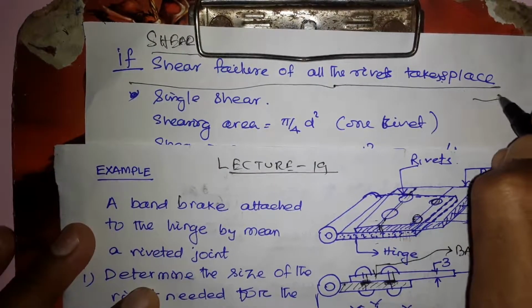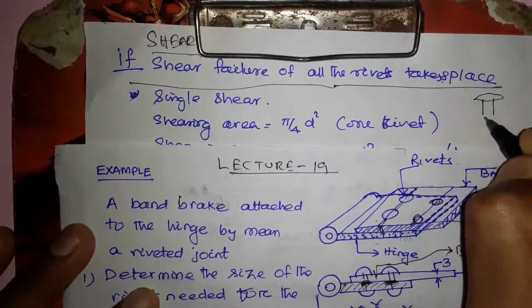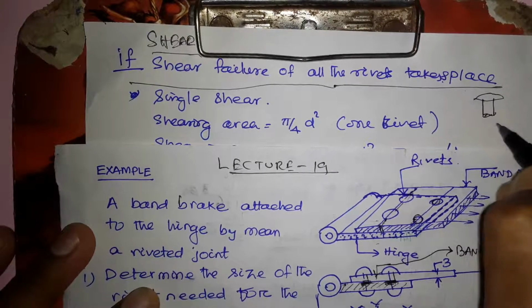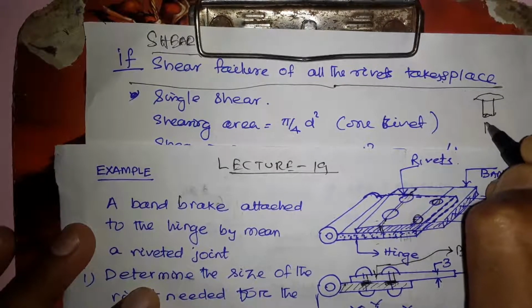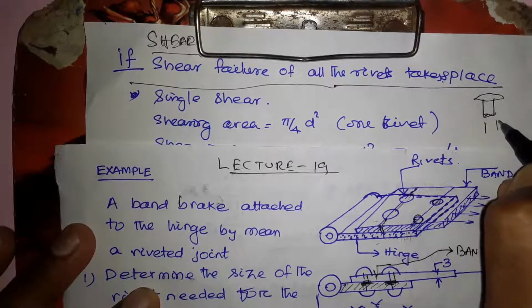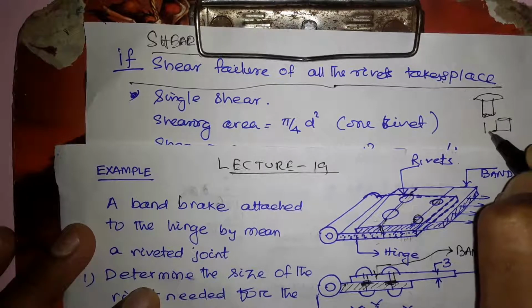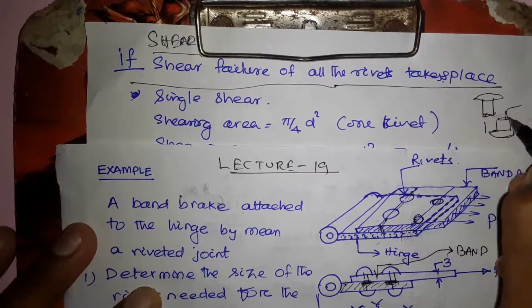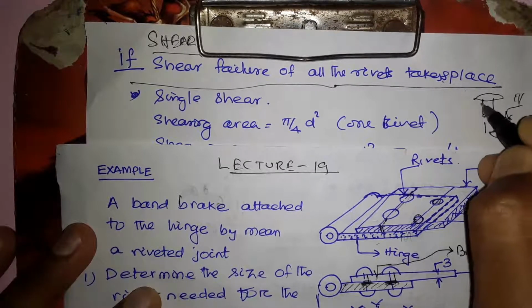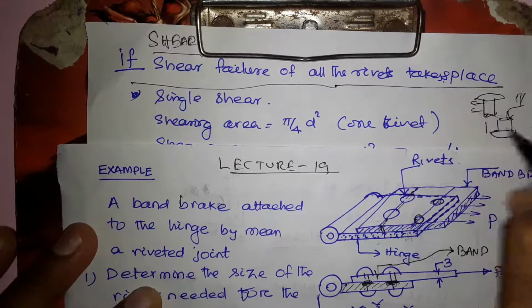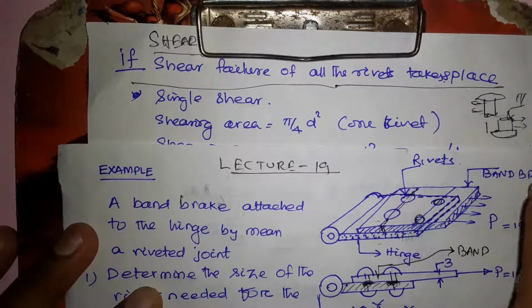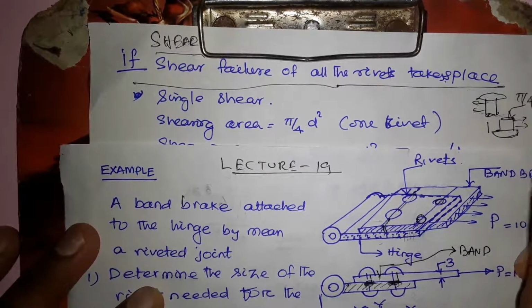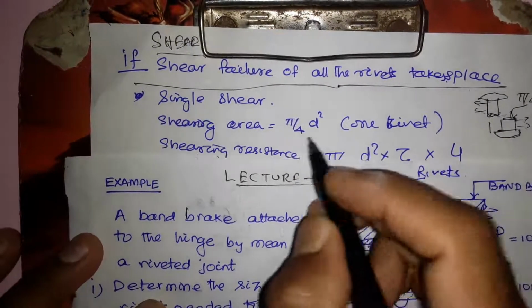Like if this is the rivet and it is broken into pieces and separated, becoming like this, so it's sheared off. So the shearing area will be pi by 4 d square into shear stress. This is the force and this is the force.